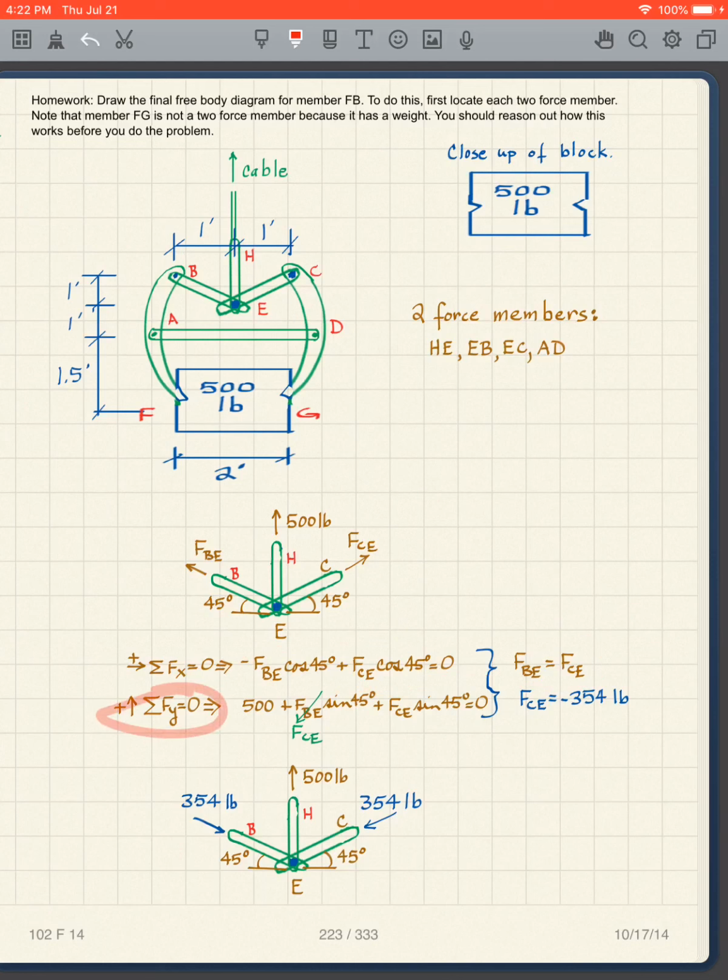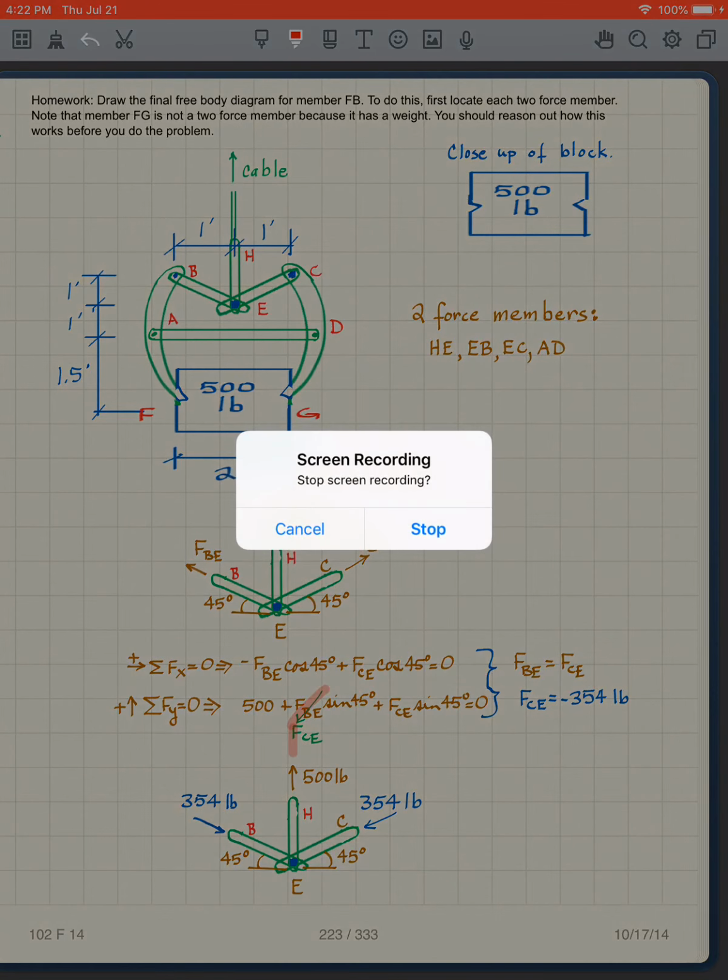Then if I take the sum of the forces in the y direction equals 0, I've got the 500 and then FBE sine 45 plus FCE sine 45. So those are the vertical components. I know that FBE is equal to FCE, so I can replace it, and then I only have one unknown.